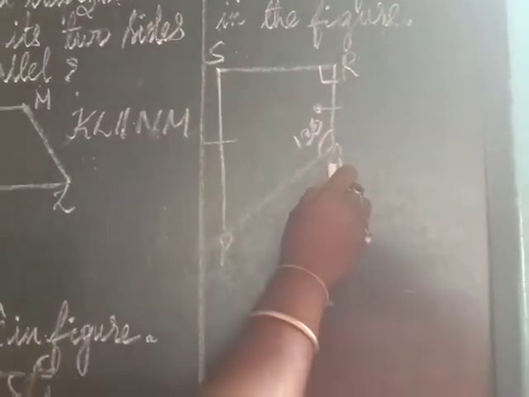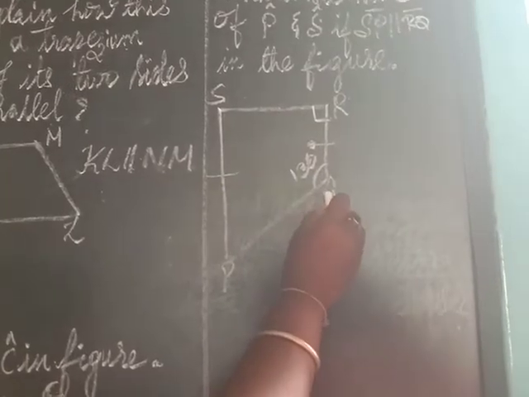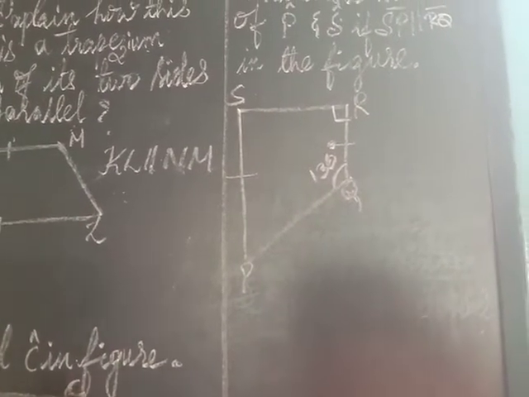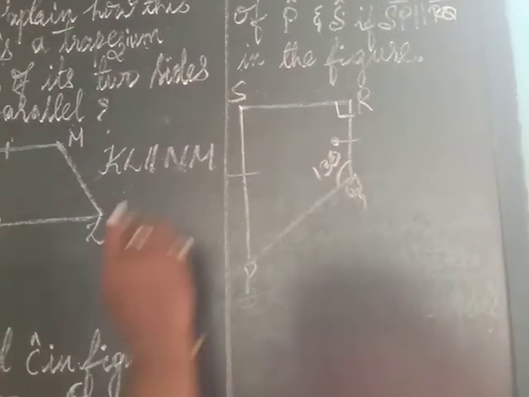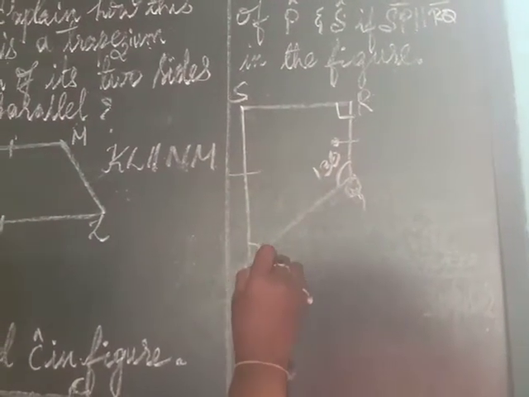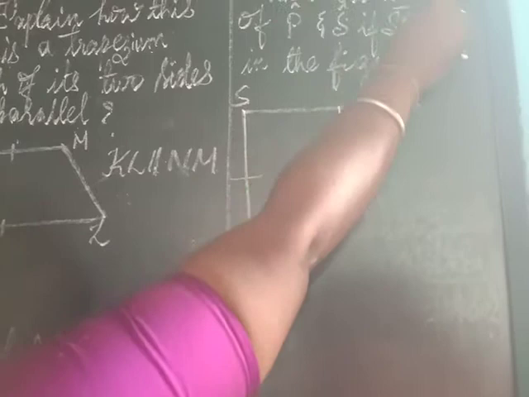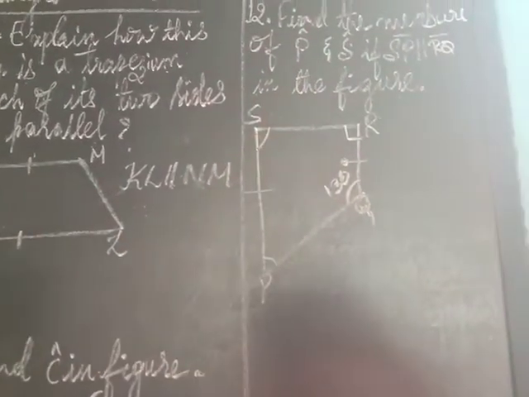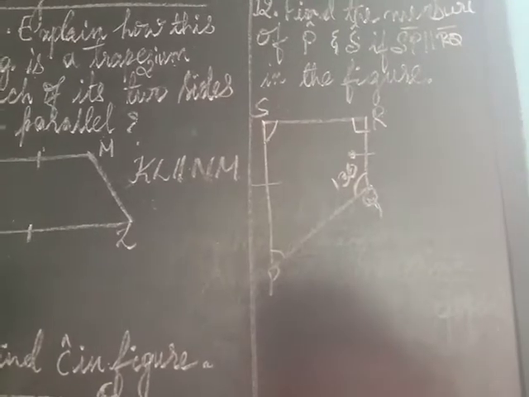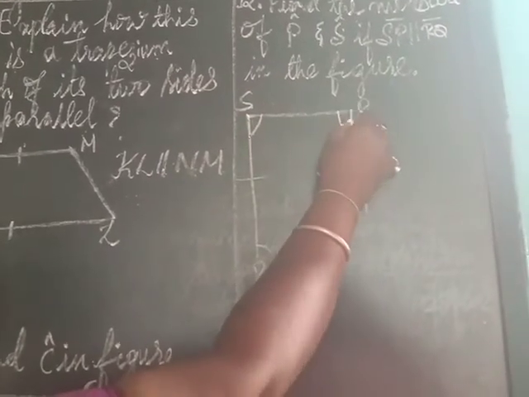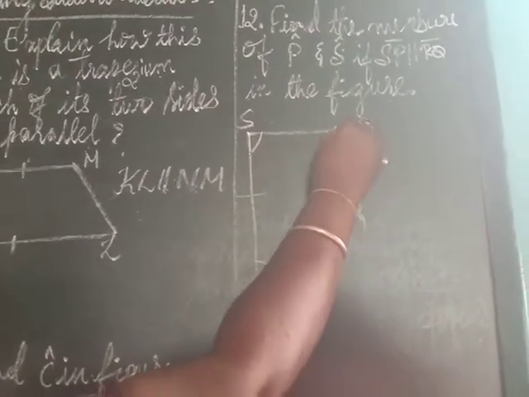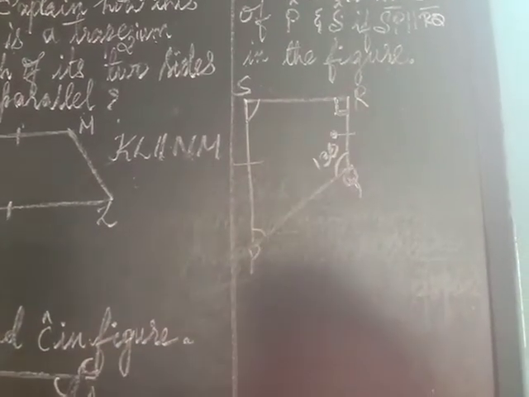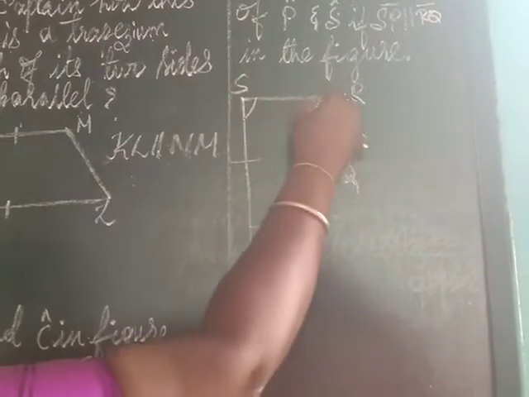One of the angles they have given is angle Q, which is equal to 130 degree. We have to find the measure of P, as well as S. Angle R is given as 90 degree in the figure itself.